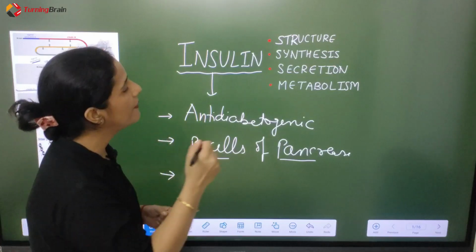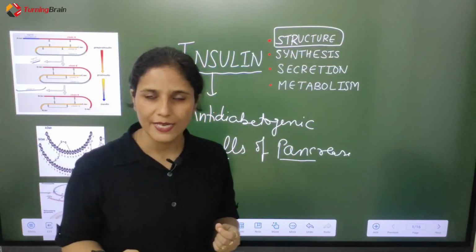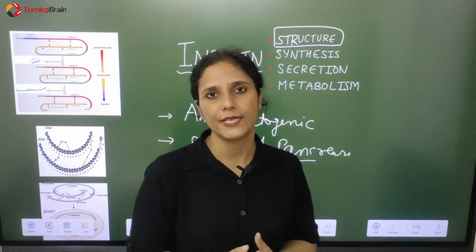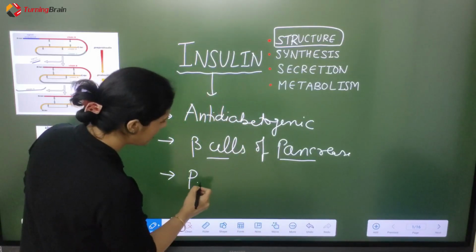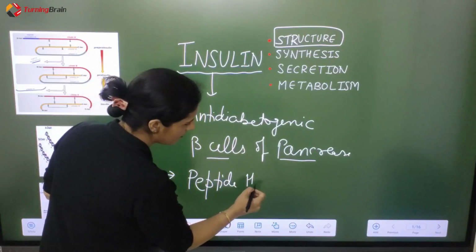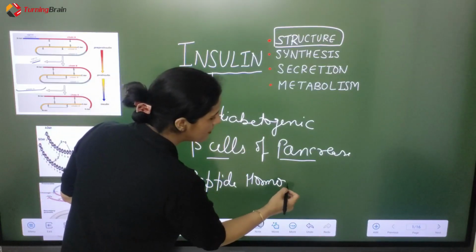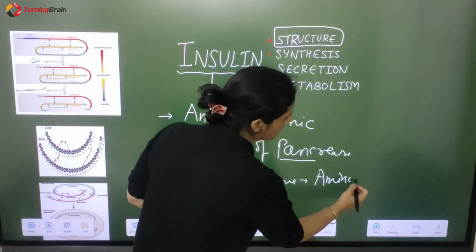Then we will discuss the structure of the insulin, how the insulin looks like and what type of hormone it is. So it is a peptide hormone. Peptide hormones means which is made up of amino acids.